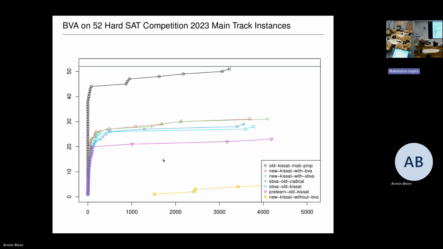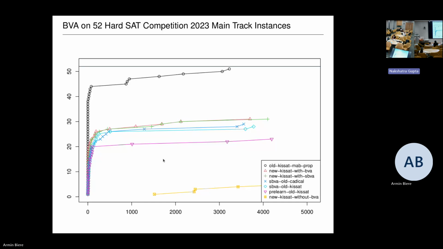It was a version of KISSAT with symmetry breaking in front of it, and also PR clause learning. And he also submitted 20 benchmarks which nobody else solved except his solver. So this is the gap here. But in essence, through this preprocessing, he lost against this SBVA old catechol. This is this blue cross here, which won the competition last year.